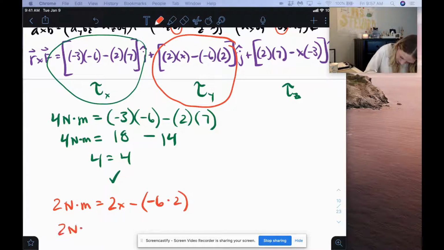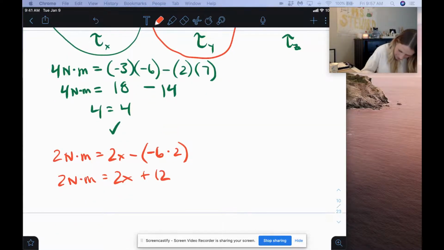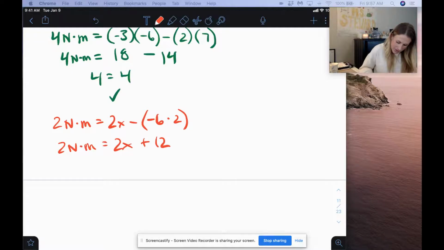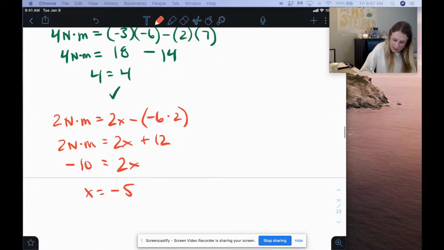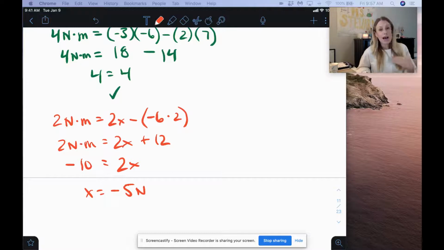So here I get 2x plus 6 times 2 is 12, plus 12. So I'm going to subtract 12 from both sides. So I get a negative 10 on this side equals 2x. Divide both sides by 2, and I get x is equal to a negative 5. And remember, we're talking about a force here, so that should be negative 5 newtons. All right, so we do have an answer for our F_x now.